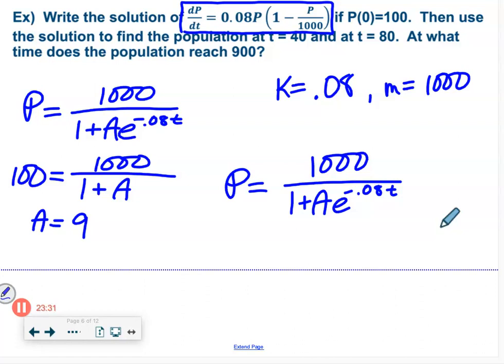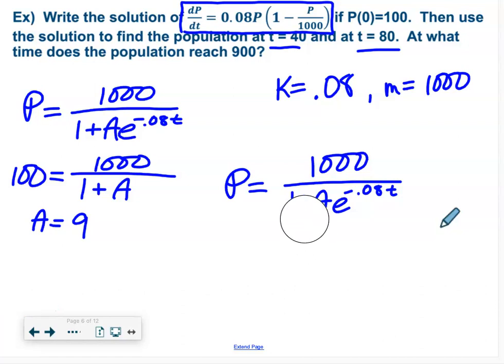Now take a minute and see if you can find the population at t equals 40 and t equals 80. Whoops, I wrote A instead of 9. I don't know why I did that. 1 plus 9, there we go. So plug in 40 for t, plug in 80 for t, and see what populations you get.